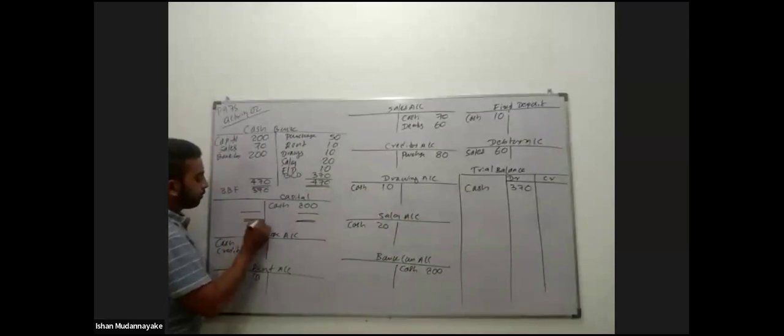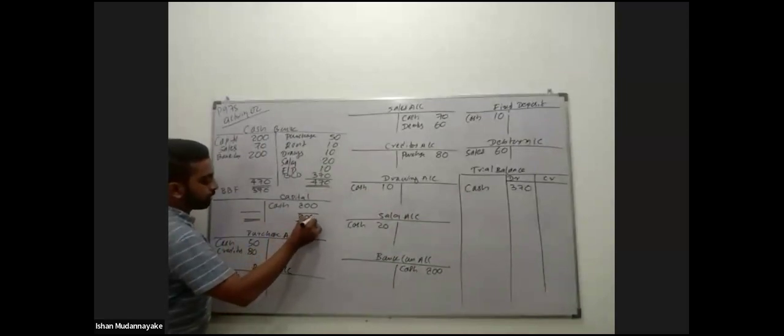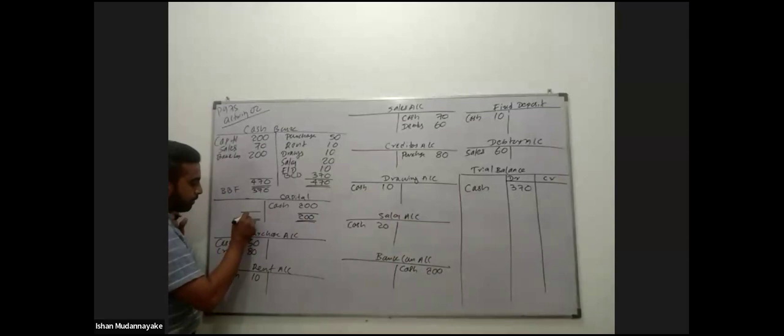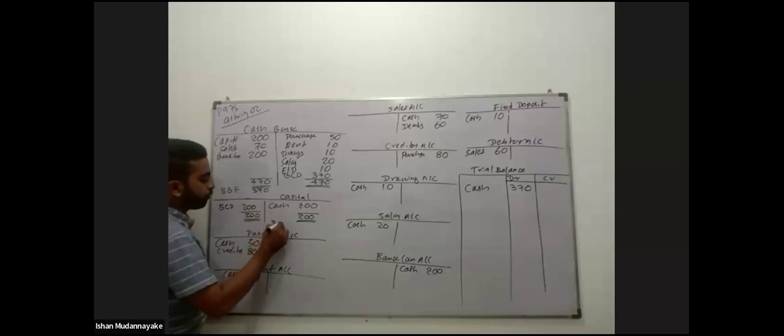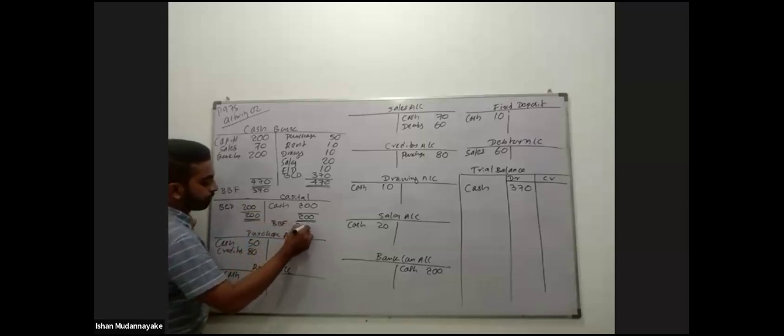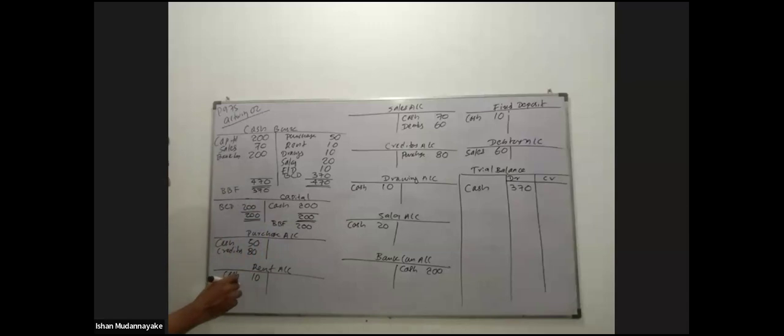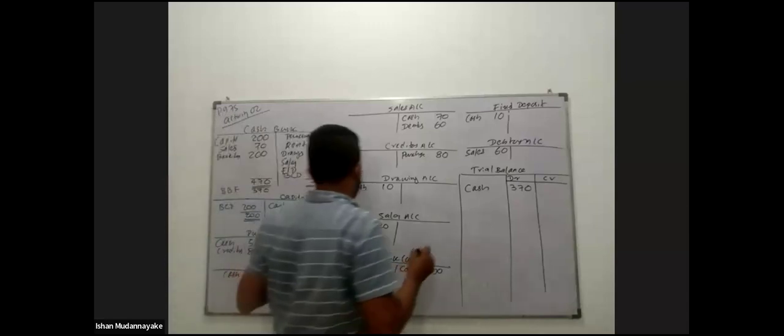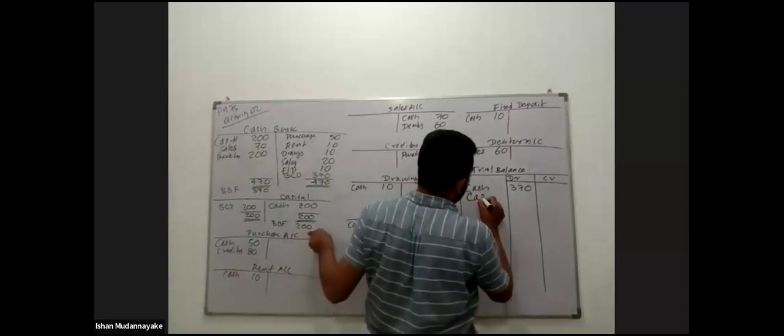And then the capital account. The capital account credit side is 200,000. Transfer that amount to the debit side, and balance carried down 200,000. Balance brought forward 200,000. Capital balance brought forward is from the credit side, then capital credit.